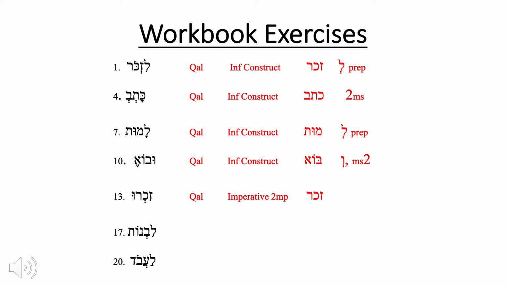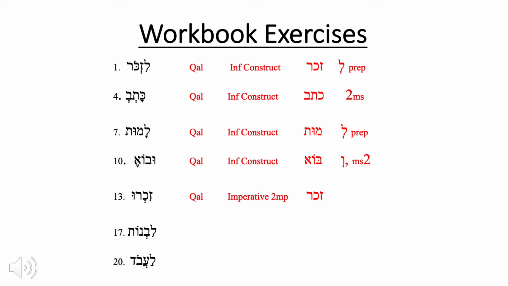Number 13 here is put in your workbook just to keep you honest and paying attention. Even though we see the shewas here in this verb, this is not an infinitive construct, but a Qal imperative second masculine plural. The tav has dropped off the front of this verb. The shewa that would have been under the zayin has instead become a hireq because you have 2 shewas in a row, and the rule of shewa says that the first one becomes a hireq.